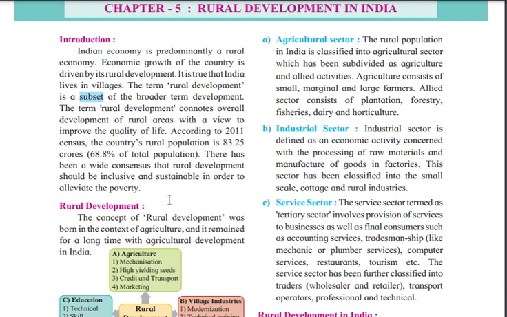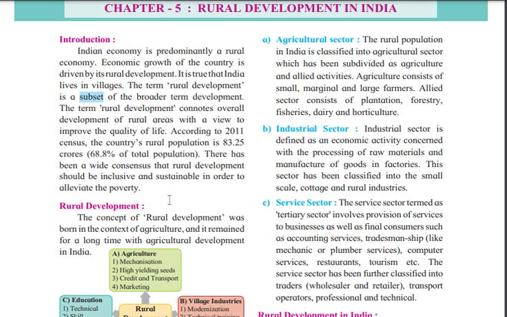One is agriculture and the other is allied activities. Agriculture consists of small, marginal and large farmers. And the allied sector consists of plantation, forestry, fishery, dairies and horticulture.